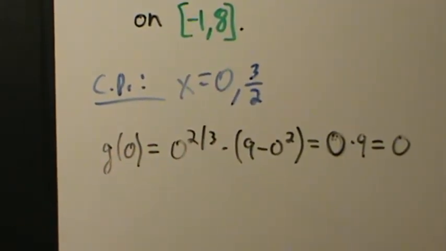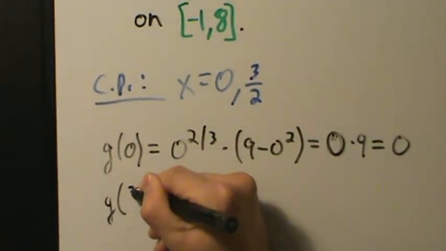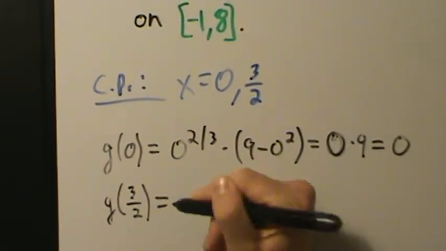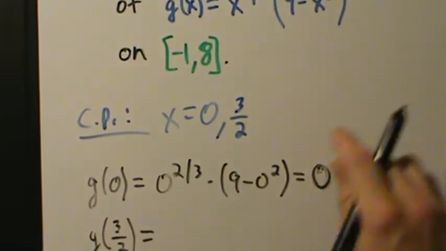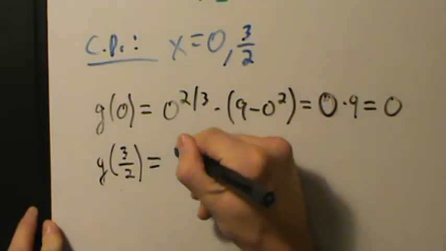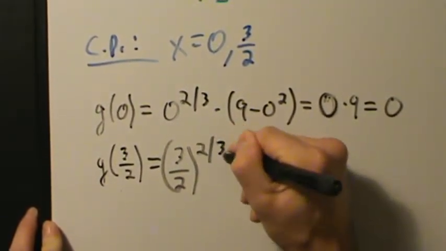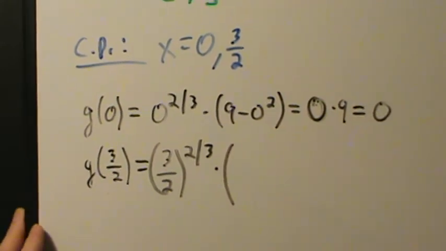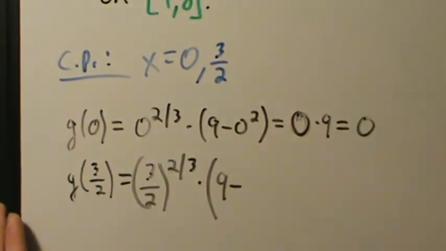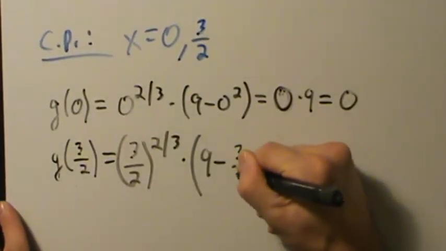So now let's see, g of 3 halves, that's going to be kind of a mess. So g of 3 halves equals 3 halves to the 2/3 times the quantity 9 minus 3 halves squared.